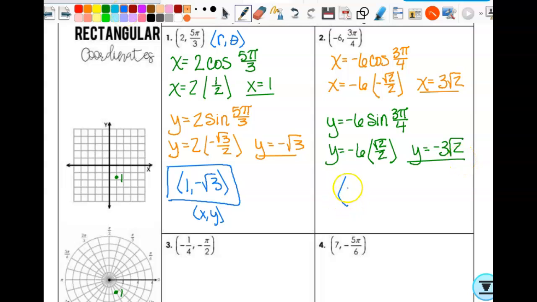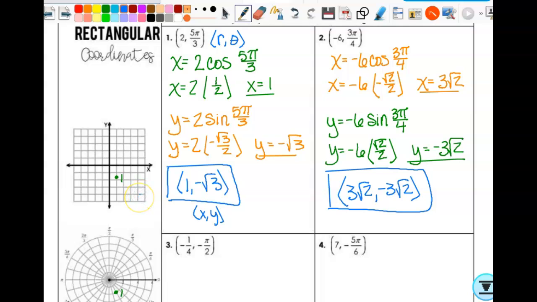So my ordered pair is (3 square root of 2, negative 3 square root of 2). So 3 square root of 2 is about 4.2. So I'm going to go to the right 1, 2, 3, 4.2, down 1, 2, 3.